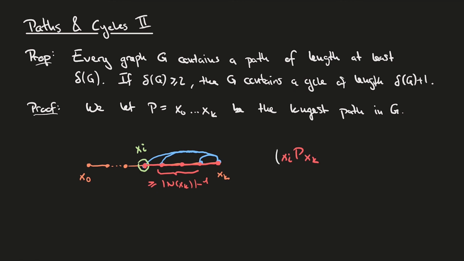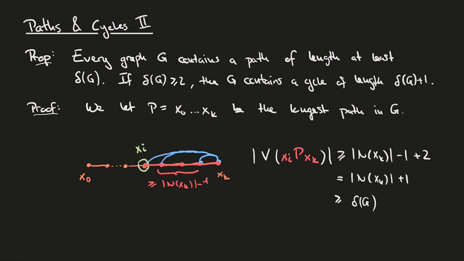So the cardinality of the vertices of this path is at least the neighborhood of xk minus 1 plus 2, which is equal to the cardinality of the neighborhood of xk plus 1. And we know that the cardinality of the neighborhood of xk is at least delta G. So we get that this quantity is greater or equal than delta G plus 1.